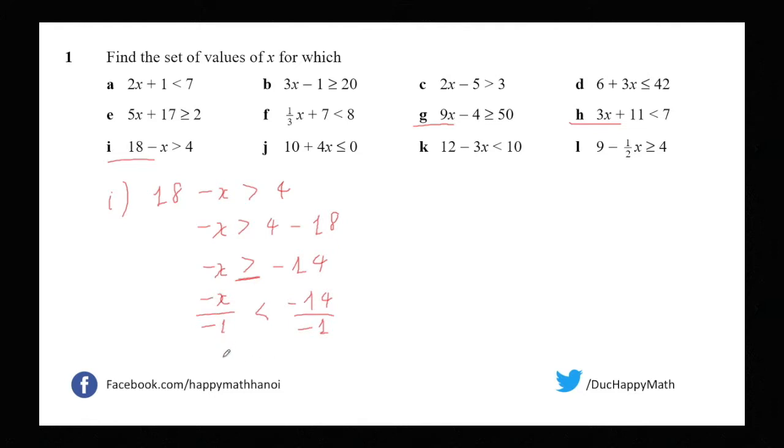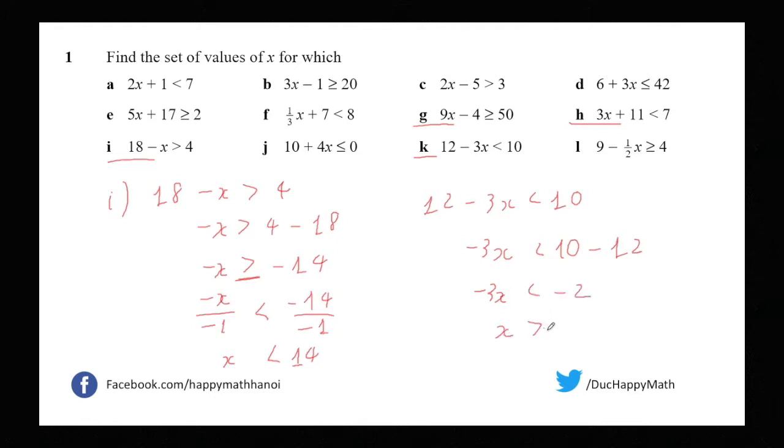Then you will get minus x over minus 1 equal to x, and this is 14. Okay, don't forget that when you divide both sides of the inequality by a negative number, you have to change the sign of the inequality. Okay, the same with question K. 3 minus 3x will be less than 10 minus 12, and minus 3x less than minus 2.